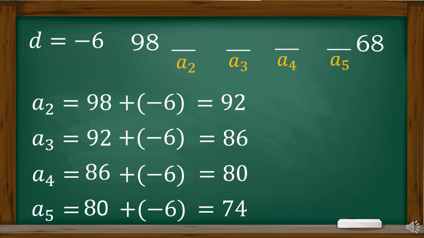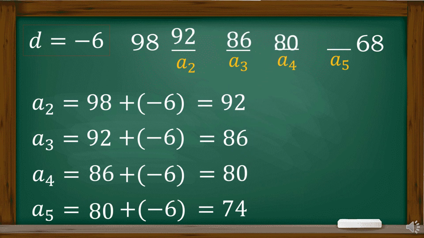Therefore, the four arithmetic means between 98 and 68 are 92, 86, 80, and 74.